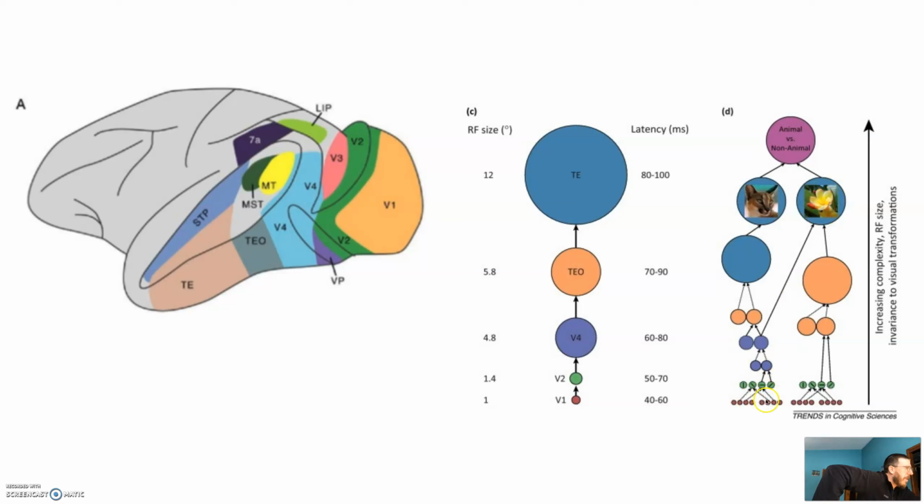Whereas simple dots and lines are represented in V1, in the highest levels of the temporal lobe, we have neurons that respond to particular shapes of particular objects, irrespective of their position in the visual field or their size or direction.